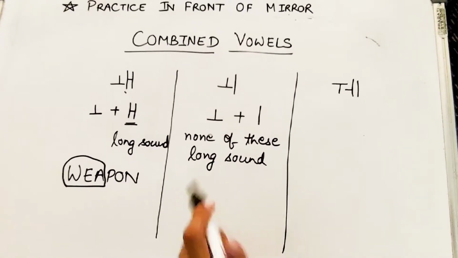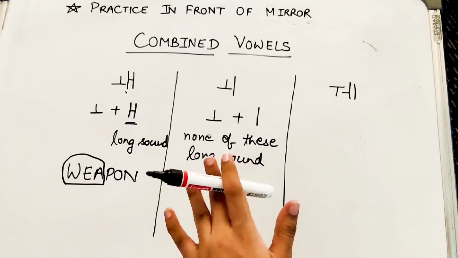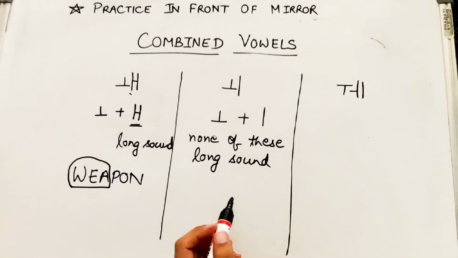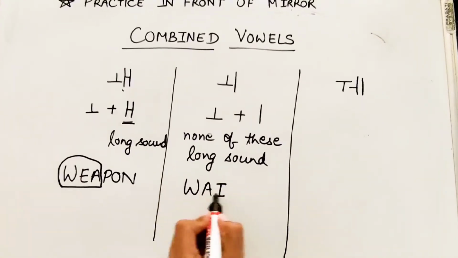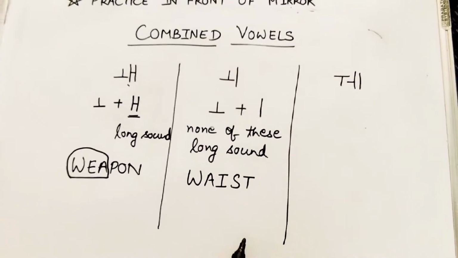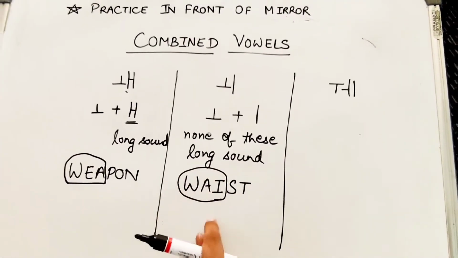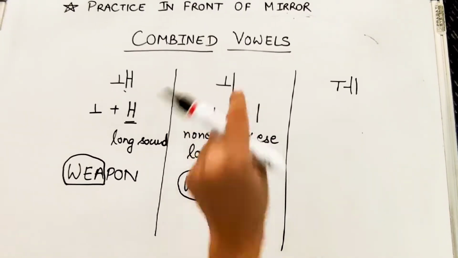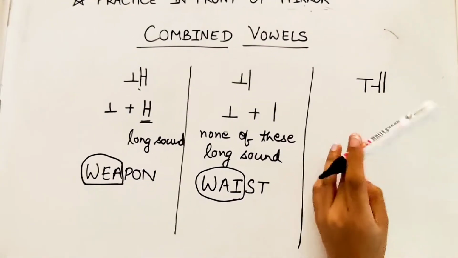The word in English that you can use to remember this way is think. Can you think of any word? Just use your mind. Or let me just spell it out for you. It's waste. Now when you say waste, the way that you are saying is actually the pronunciation of this combined vowel, way. I hope you got that.